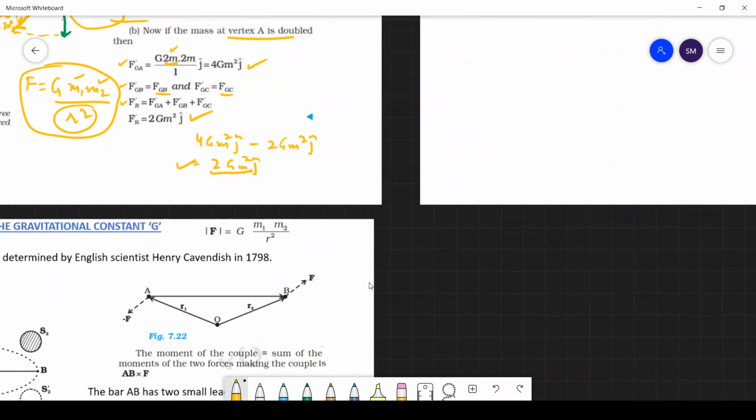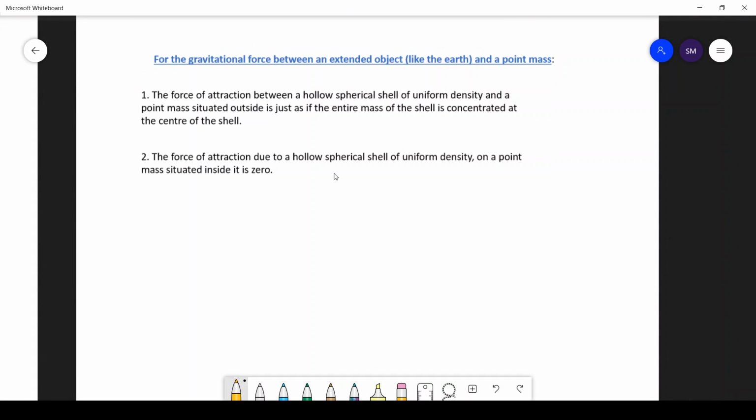Now, till now we were studying point masses, right? Now instead of point masses, we have an extended object, a rigid body like Earth, and another is the point mass. So if we have this point mass and another body over here, for that we need to note these two conclusions.